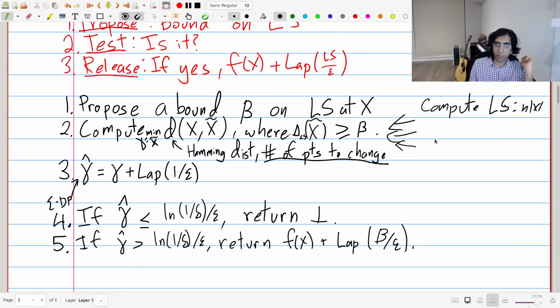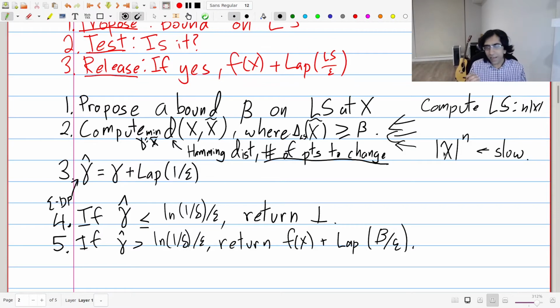But the more troubling thing is this is a minimum over all possible data sets in the whole set. So to compute this min, it might take essentially size of the domain to the n, because that's the number of possible data sets you might have to consider. So this is not computationally efficient. In fact, it's rather slow.